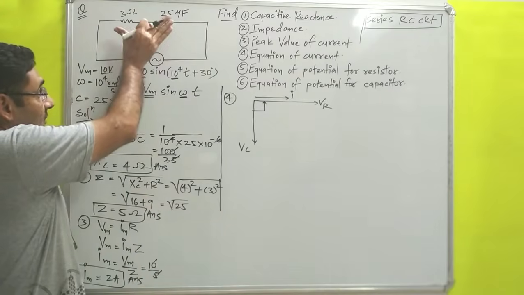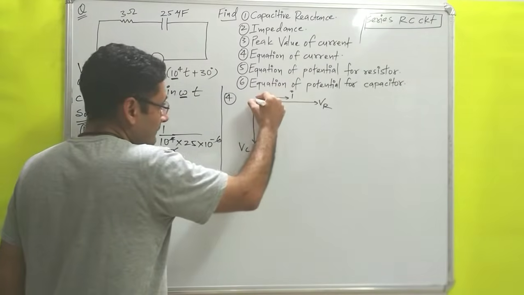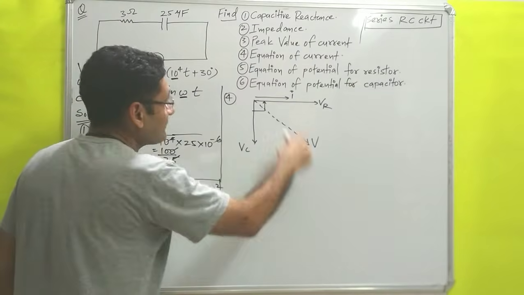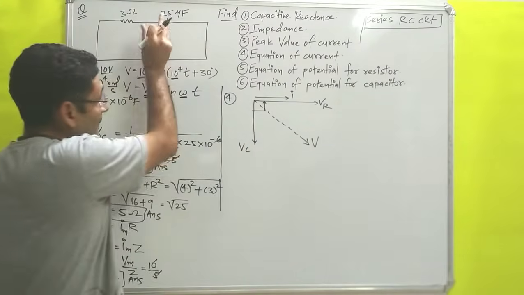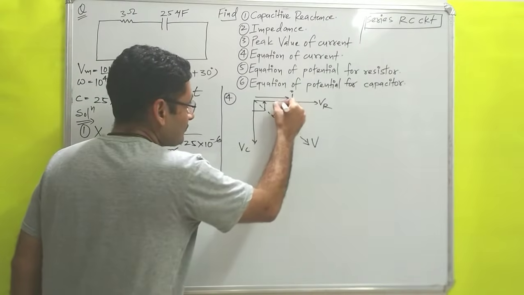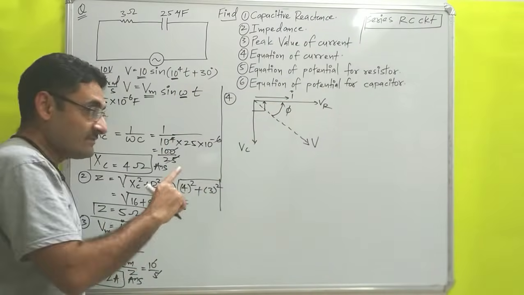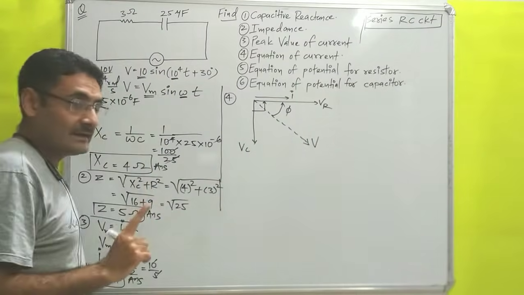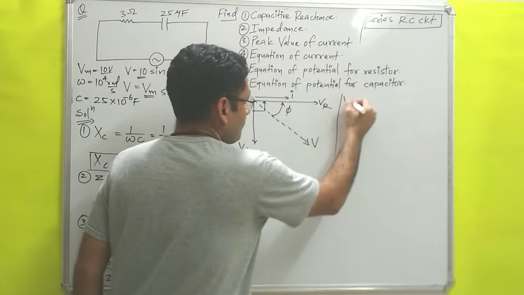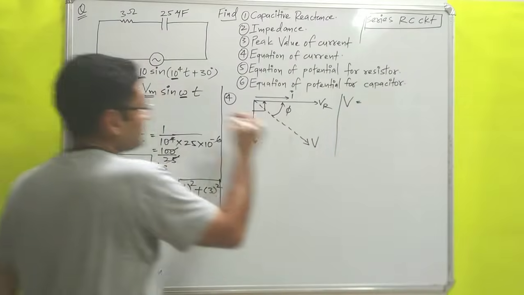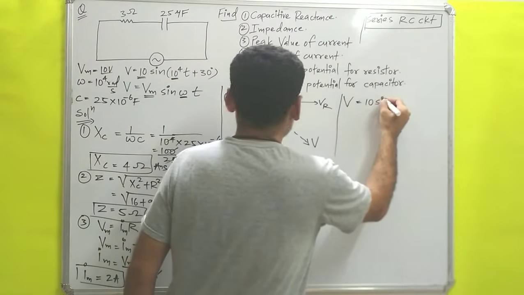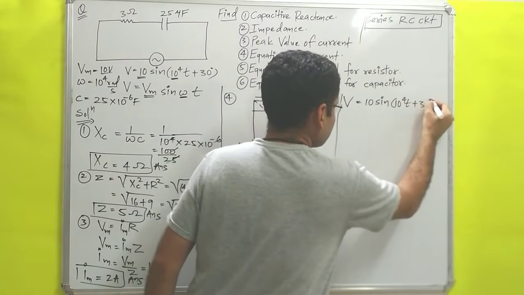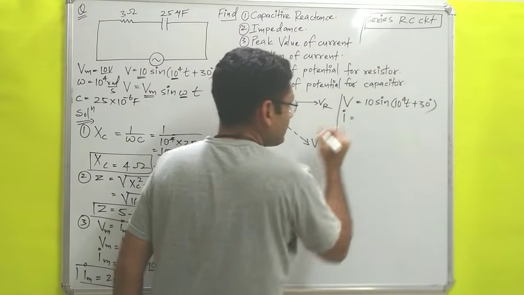Then both are combined, so that will be your resultant. And that equation we want, the equation of current when both are combined. So that is phi. Still we can say current leads the potential by phi. So if the equation of potential is given as 10 sine of 10 raised to 4t plus 30 degree, then the current equation will be what?